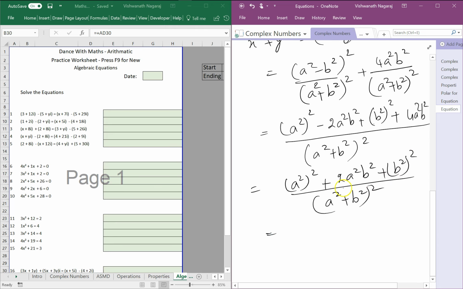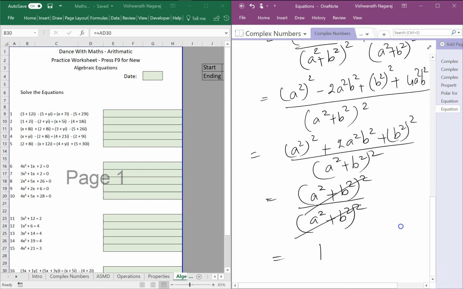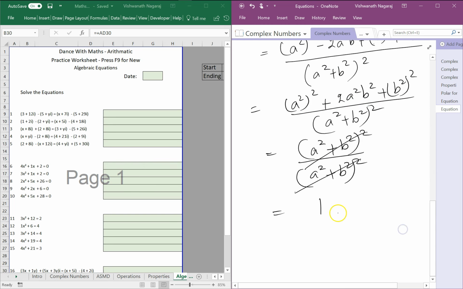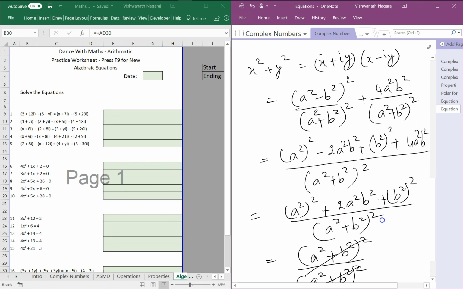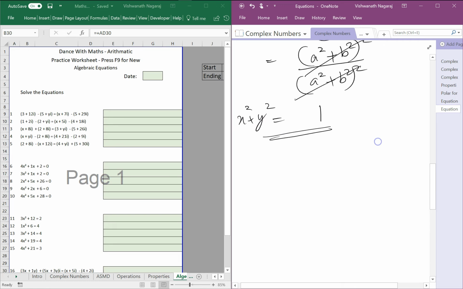So now if you notice on the top, previously it was (a square minus b square) the whole square. Now the same thing can be rewritten as (a square plus b square) the whole square by (a square plus b square) the whole square. These two get cancelled and you're left with 1, right? So we have shown. Now if you look at the left hand side, it is x square plus y square, and this is what we had to prove.